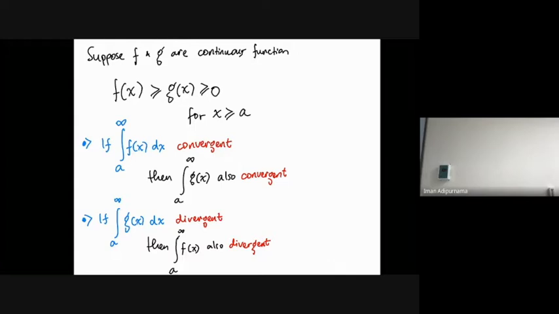So the comparison theorem can be used to determine whether it converges or diverges. Now, how to use the comparison theorem?